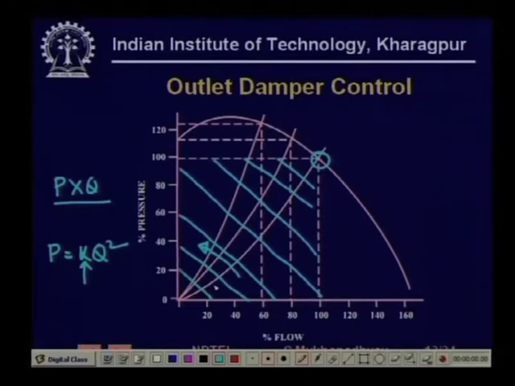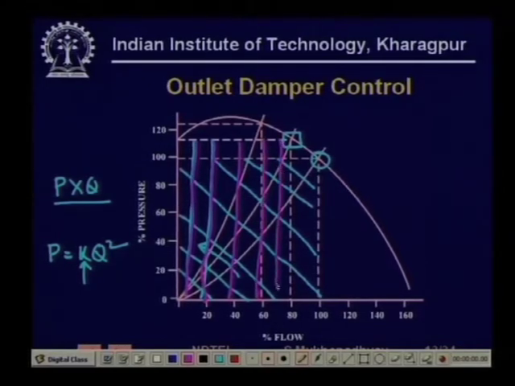When you are at this operating point number 2, then this is the area. At the other operating point, this is the area, and when you take the third operating point, then this is the area, the energy demand.